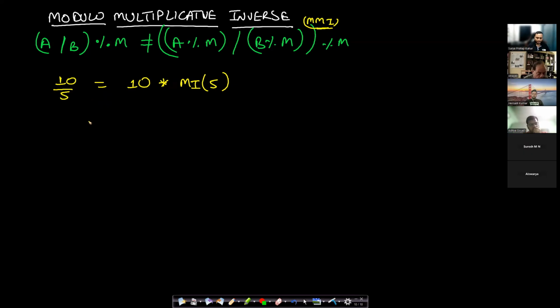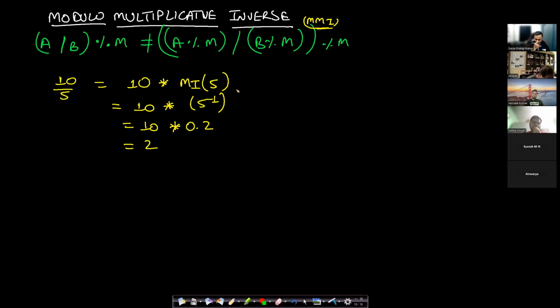In this case, it is simple: the multiplicative inverse of 5 is 1 by 5, or 5 to the power of -1, so 10 into 0.2, which equals 2, right? This is the multiplicative inverse of a given integer value.